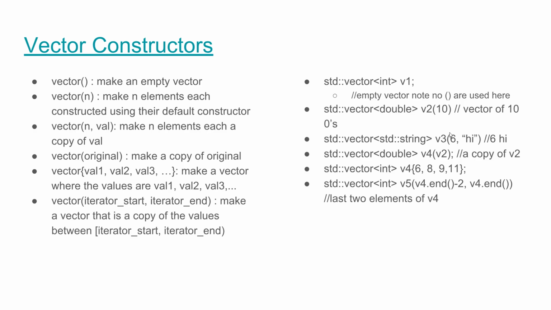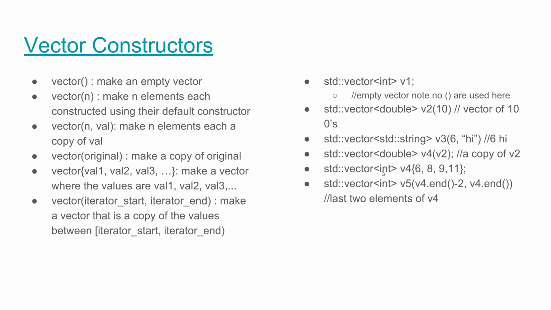You can have a vector of strings. I wanted 6 strings, all initialized to hi, so it's hi, hi, hi, hi, hi, hi, 6 times inside that vector. We could also have a vector of doubles v4, which is a copy of v2 back here.